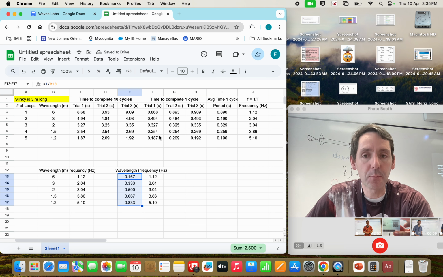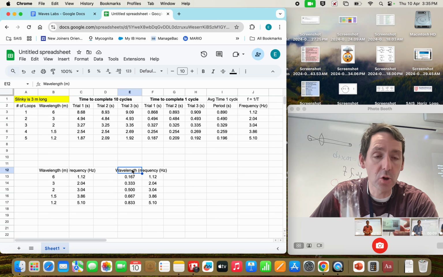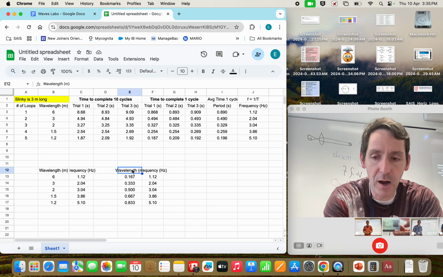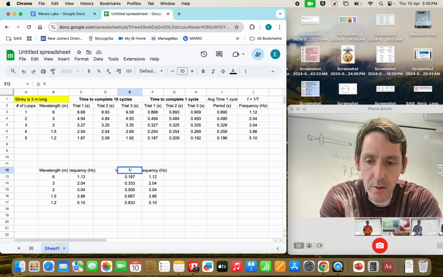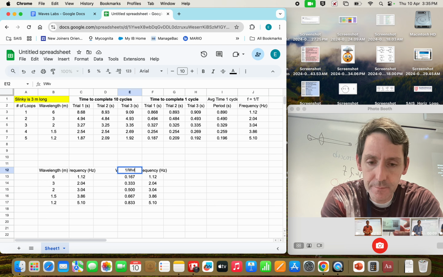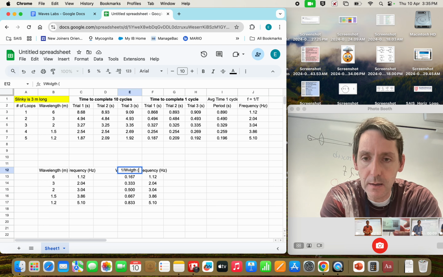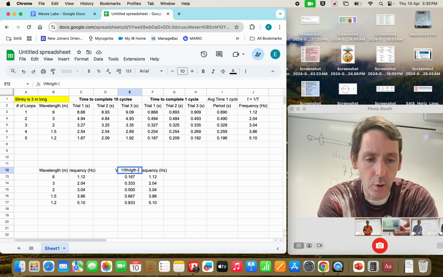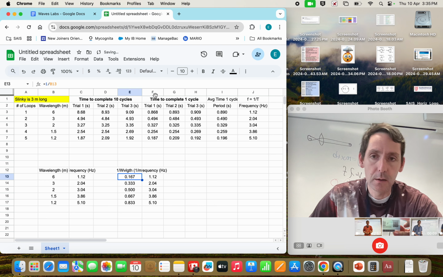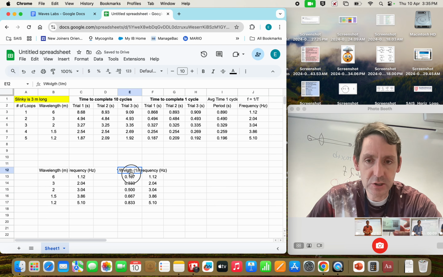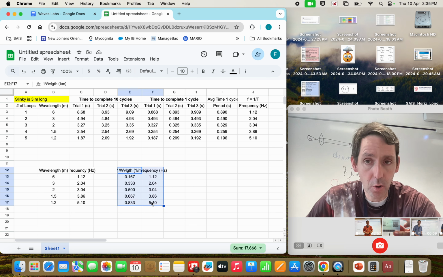So now I'm going to regraph, but this is no longer wavelength. This is now 1 over the wavelength, okay? Which is now not meters, it's now going to be meters to the -1 power, or 1 over meters will be my units. That's okay. Now we're going to graph those.